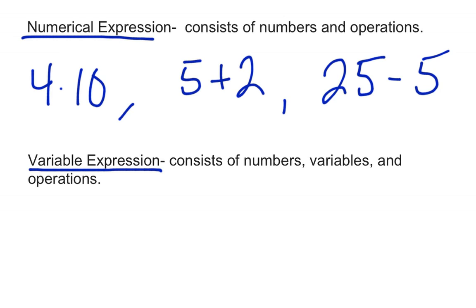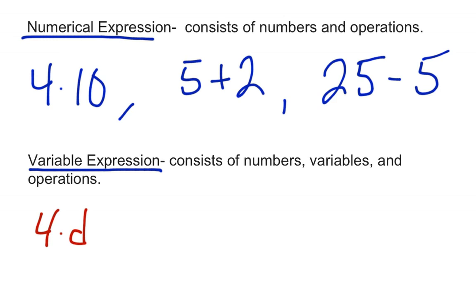The operations would be add, subtract, multiply, divide. Variable expressions, on the other hand, is going to again be an expression, so there's no equal sign involved. But this is when you also start to get variables thrown in there too. So I could have numbers, variables, and operations. Again, a few examples here.